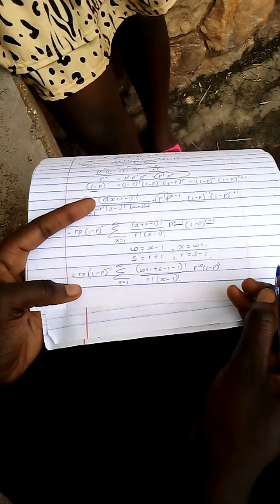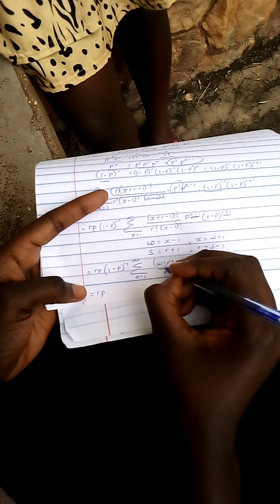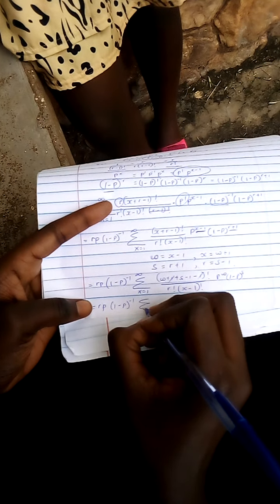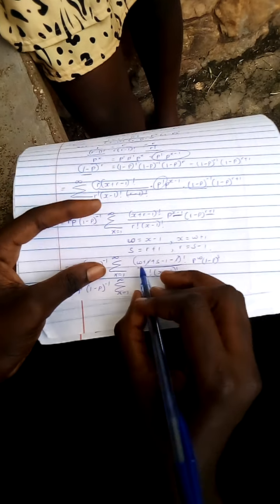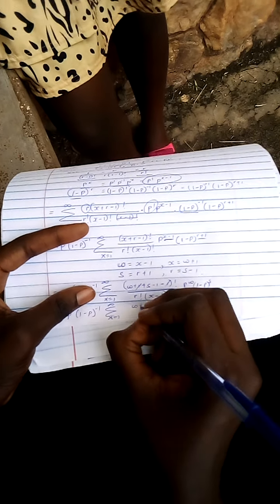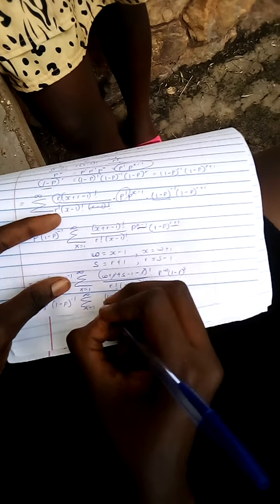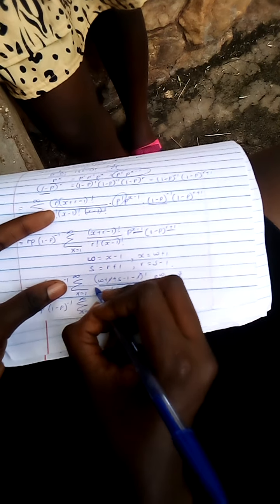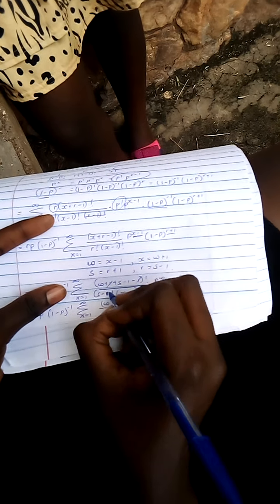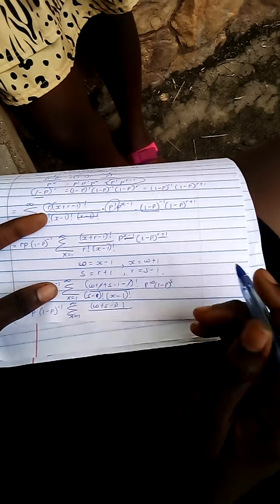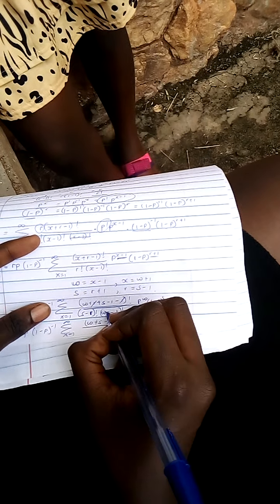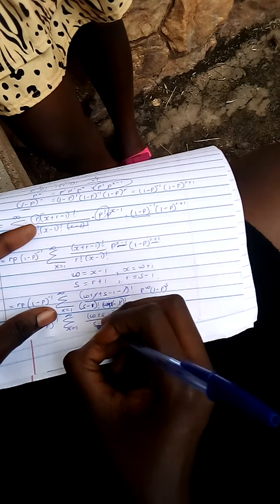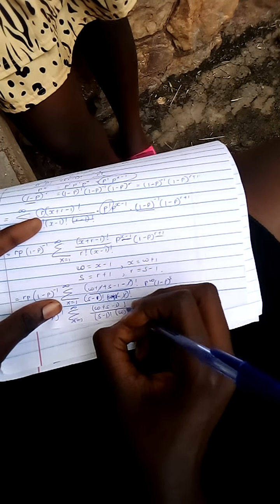When you simplify, this cancels, and you get (w + s - 1) factorial out of (s - 1) factorial. Then x is w plus 1 minus 1, so this one and this will cancel, and we shall remain with (s - 1) factorial w factorial.